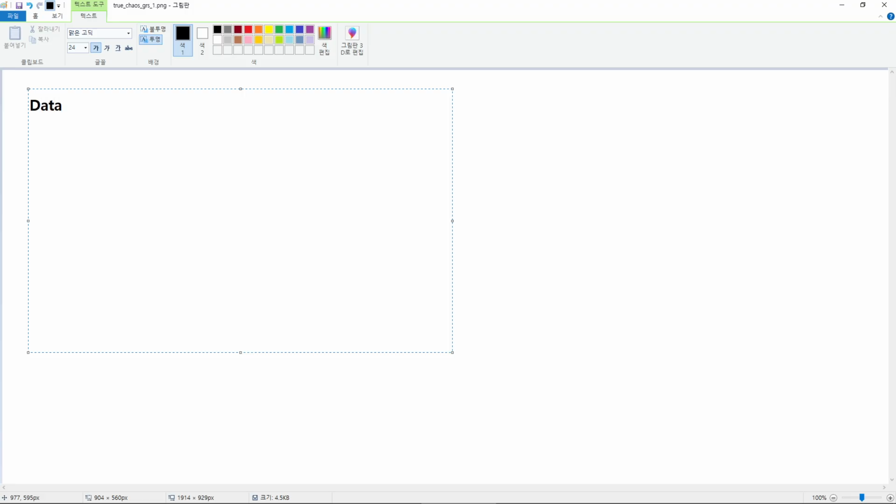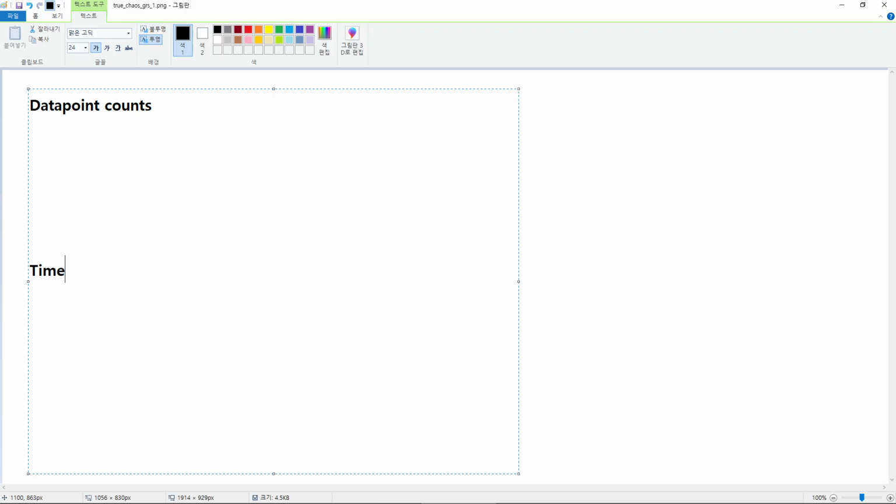The order in which these are done doesn't really matter, but the first thing is data point counts, or the number of data points during an iteration, and the second one is the time it takes.